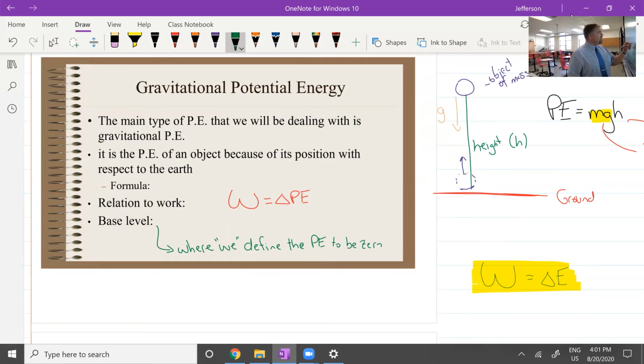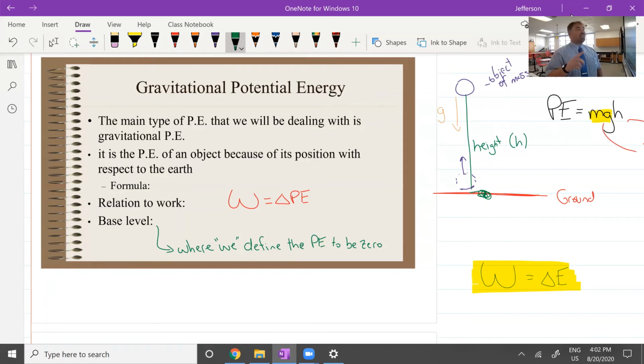Where are we going to start measuring that height, that h that we had before, from? If it's sitting right here, if that's my base level, then when I measure that height, I'm going to measure from there. That means when it's at that spot, my potential energy is going to be 0.